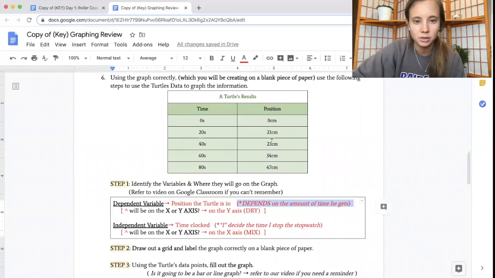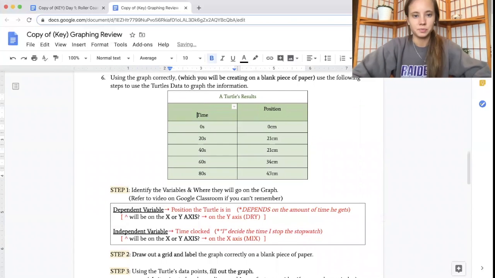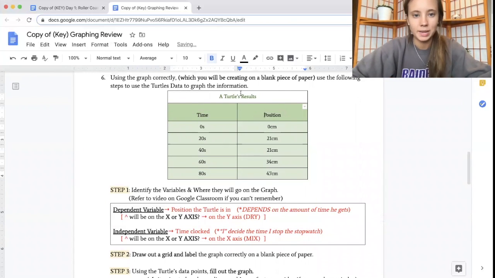If you think about it, when we make tables like this, we always have X and then Y. You can make those imaginary columns, and X is always on the left and Y is always on the right. That's an easy way to remember it too.